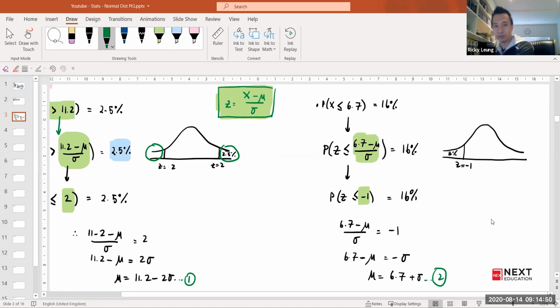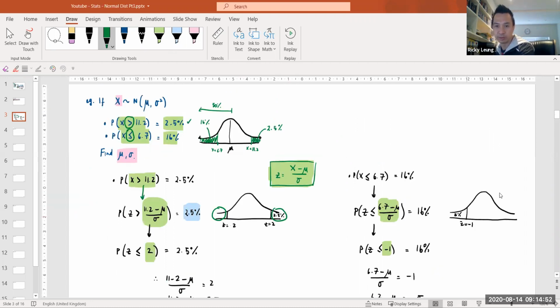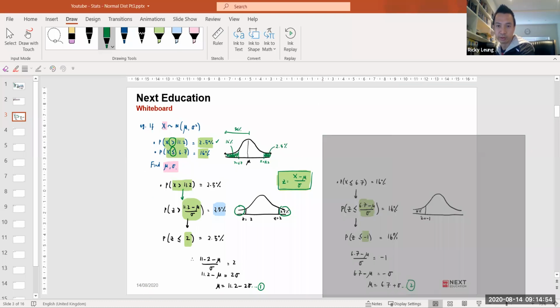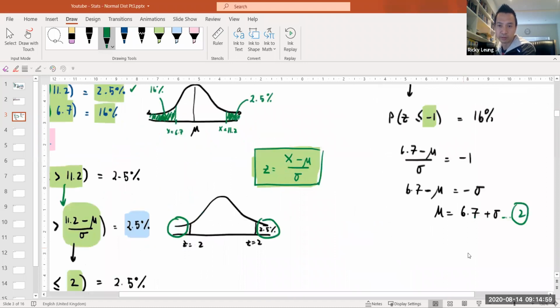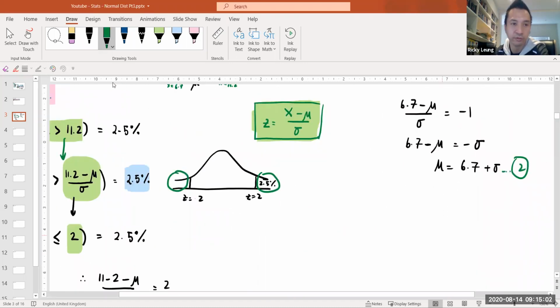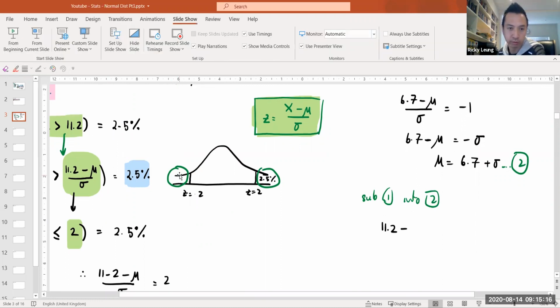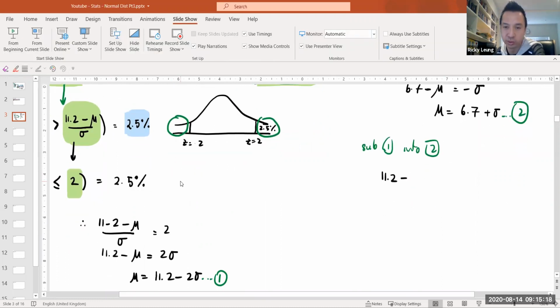Yep. So I'm going to just shift some of my diagrams up a bit so I can actually do everything on this page, if that's okay. Yep. So if I then say to myself, sub 1 into 2, I should be able to go 11.2 minus 2 sigma equals 6.7 plus sigma.